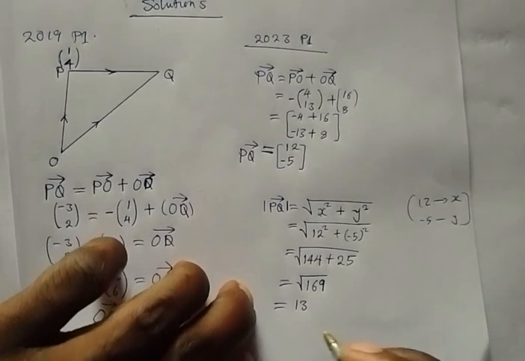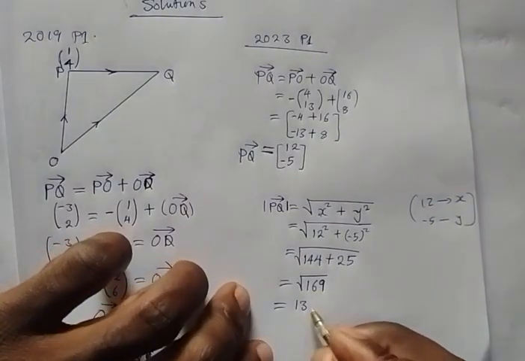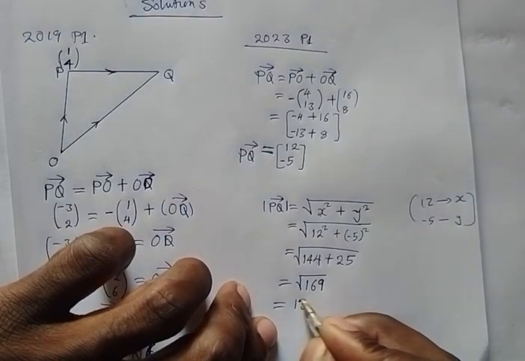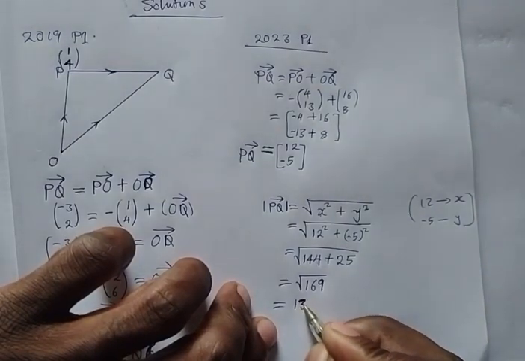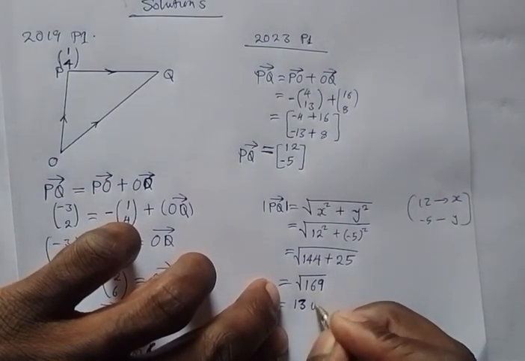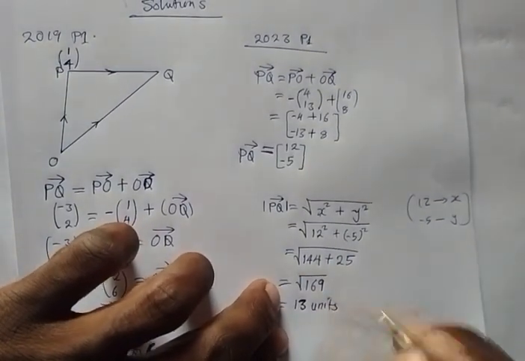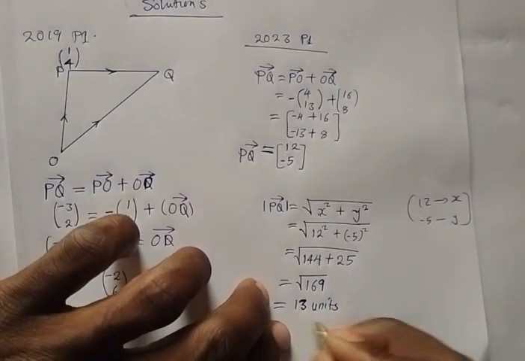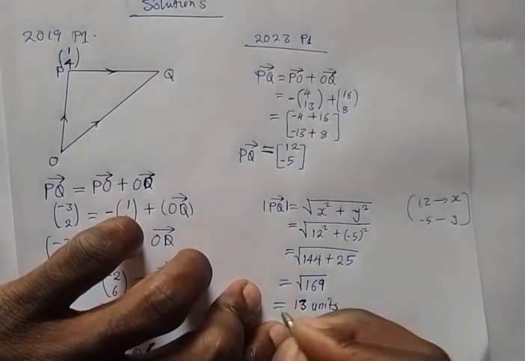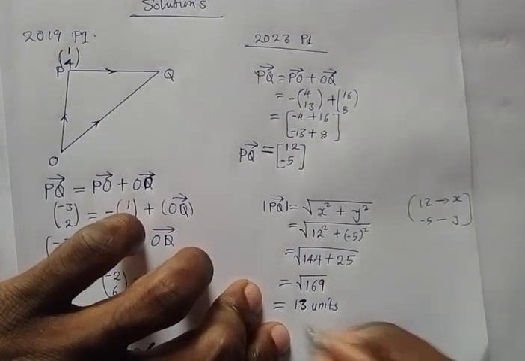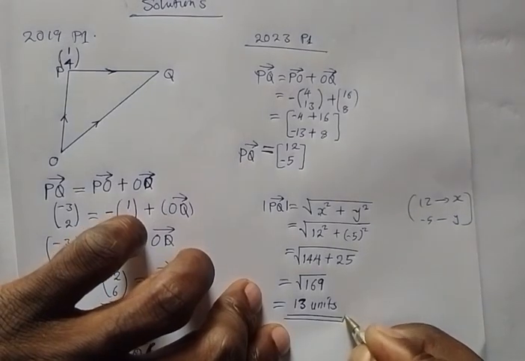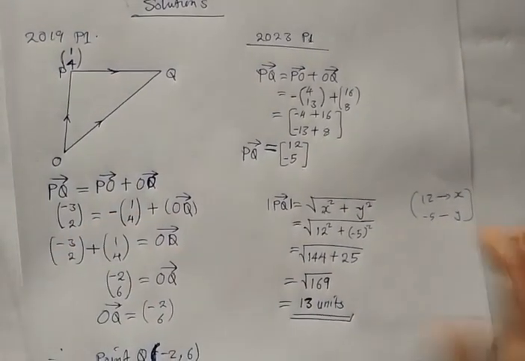So this 13 that we have found, we are going to write as 13 units. Why have we written 13 units? It's because we don't know the exact unit for this measurement or this magnitude. So this is our final answer.